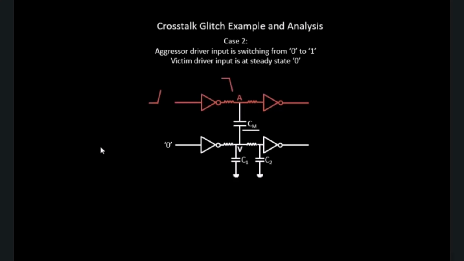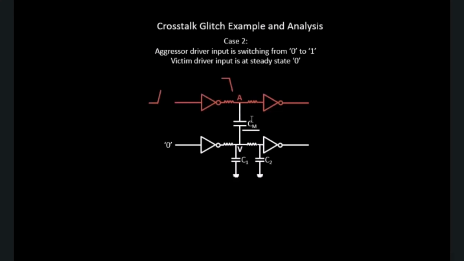So now the input is switching from logic 0 to logic 1, and similarly the output will be switching from logic 1 to logic 0. When we say it is switching from logic 1 to logic 0, it means that this particular tap is now open in a reverse way, and all the charges stored at the capacitance at this node are getting discharged through this particular inverter.